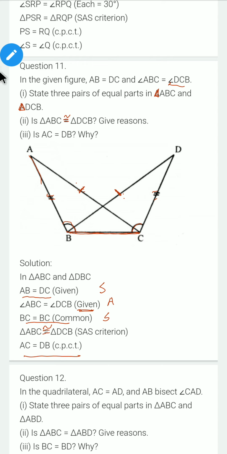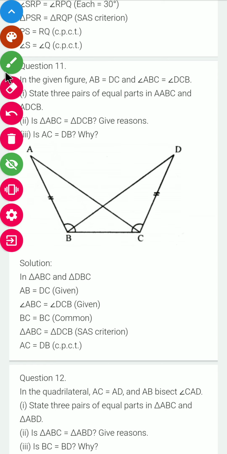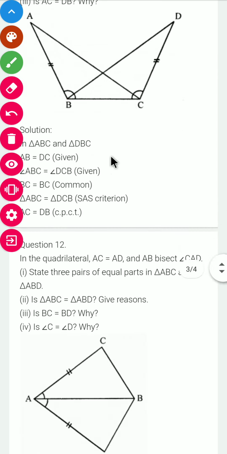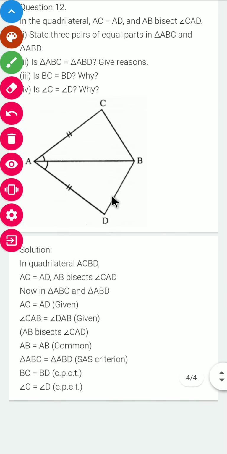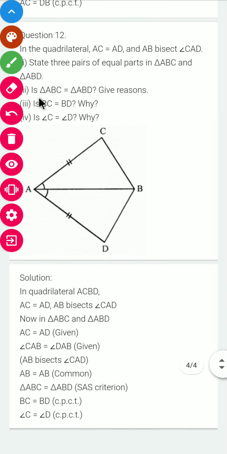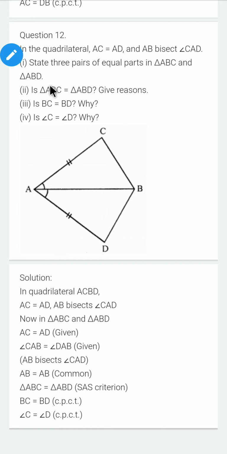Now go to the next one. Question number 12 is given. In quadrilateral ACBD, AC is equal to AD given, and AB is the bisector of angle CAD.